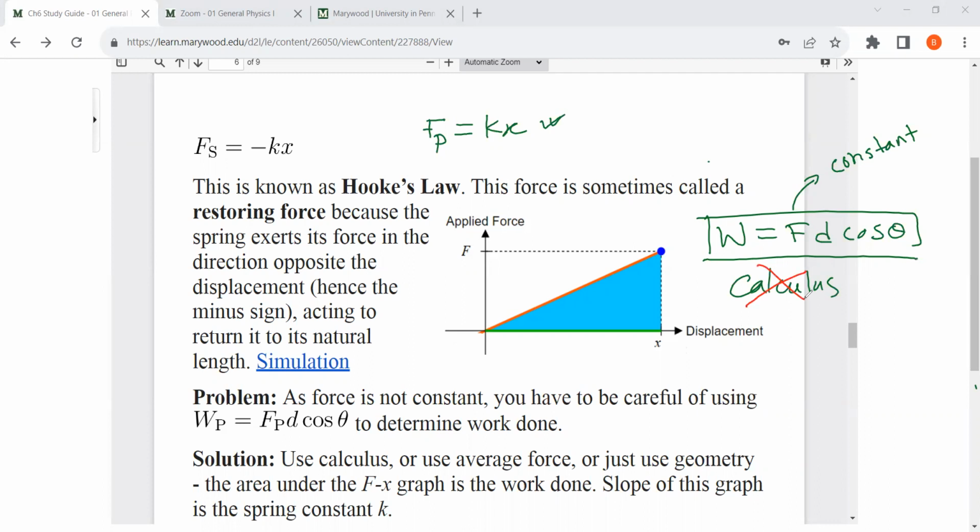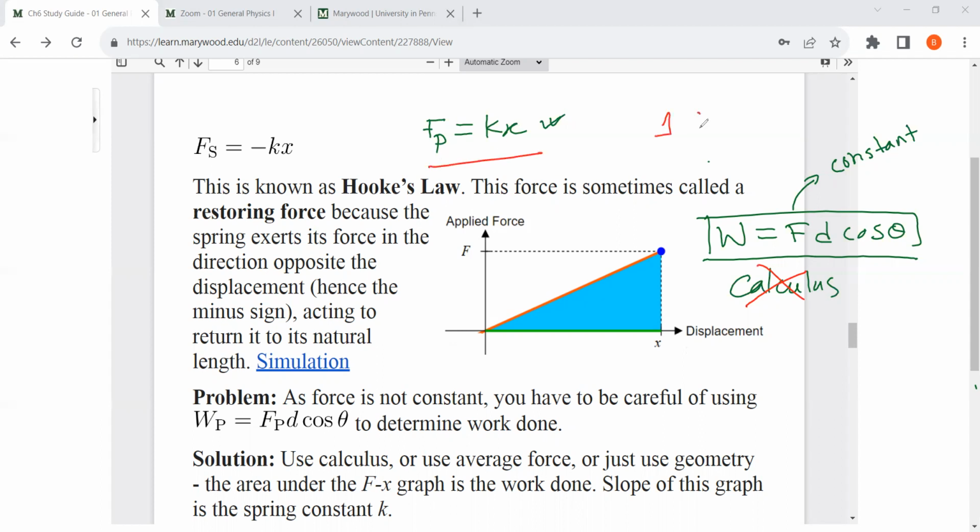But I'm not going to introduce integration here, so we cannot use this equation. The other method to calculate the work done by the spring force or the applied force in this case is to use the graphical method. Here the force is not constant because it depends on x.